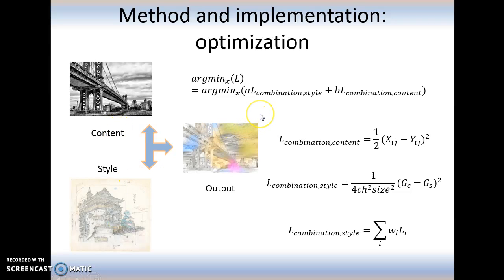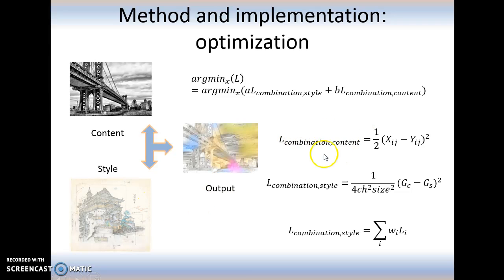In the actual implementation, we treat the loss between the output and the content and the loss between the output and the style separately, and we add a weight to each term. This means we can adjust how much we want from each part, whether we want more content or more style.